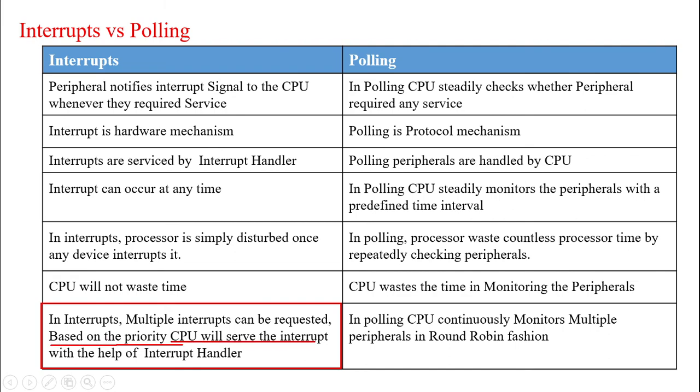We have to assign some priority, and based on the priority, interrupts will be handled. This is in case of interrupts. And in case of polling, there is no interrupt priority mechanism, but instead the CPU will continuously monitor multiple peripherals in a round robin fashion. So these are all the major differences between interrupts and polling.